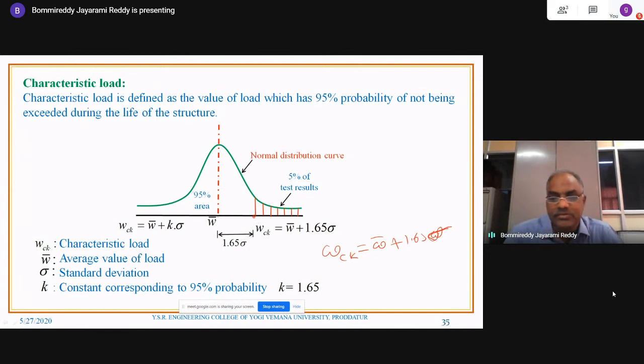And these are the associated symbols, just like characteristic strength.